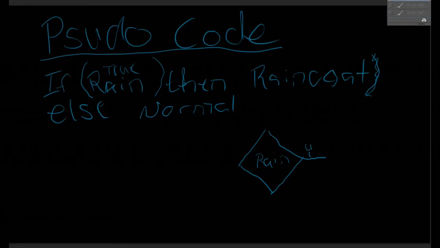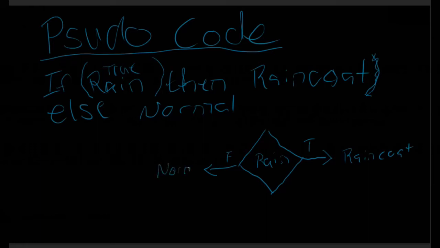If it's true, we follow this branch and wear a raincoat. If it's false, we follow this branch and dress normally. This is our conditional statement, or our conditional drawing.